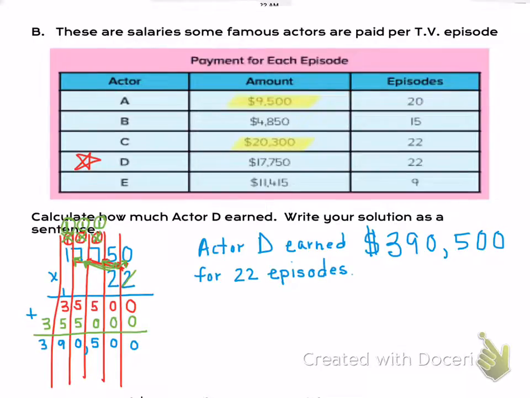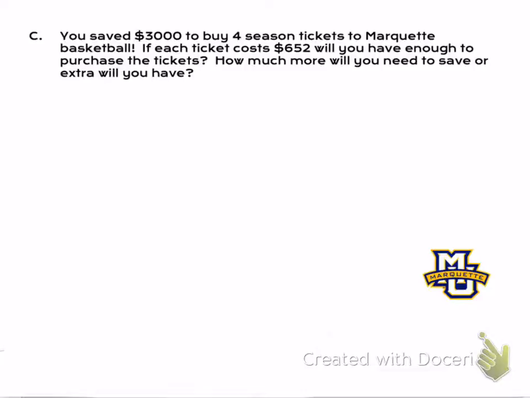Great. Okay, we have one more example to do. So make sure first that your answer for example B is done and correct. And if it's not correct, pause and fix. Otherwise, we can move on to C. Example C says you saved $3,000 to buy 4 season tickets to Marquette basketball.